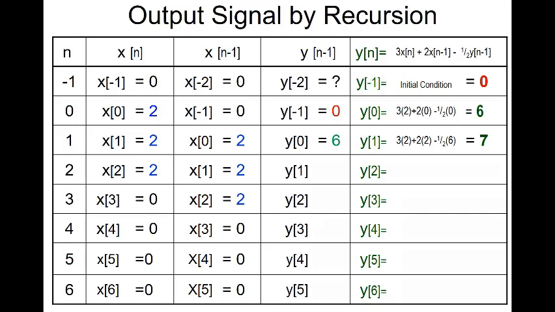And that becomes my y of n minus 1 in the next term. And we multiply 3 times 2 plus 2 times 2 minus 1/2 times 7. And that gives me 6.5. Here at n equals 2.